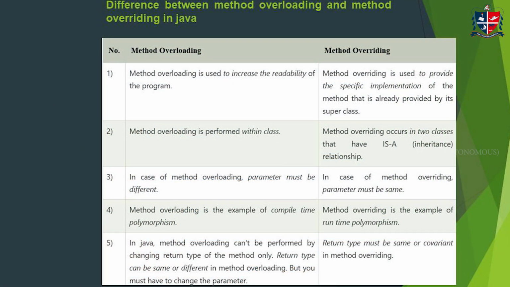So there are differences between method overloading and overriding. Method overloading is used to increase the readability of the program, and method overriding is used to provide a specific implementation of a method that is already provided by its parent class.